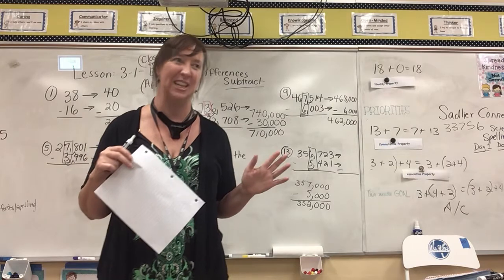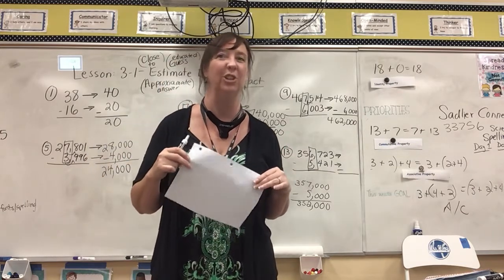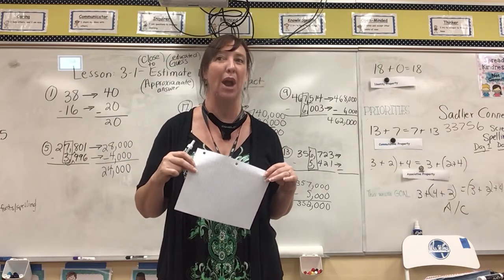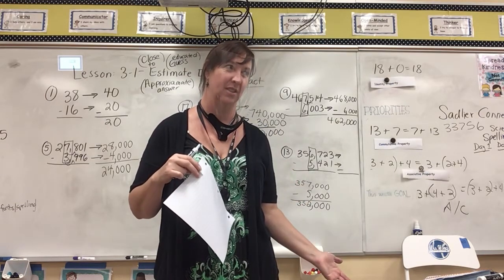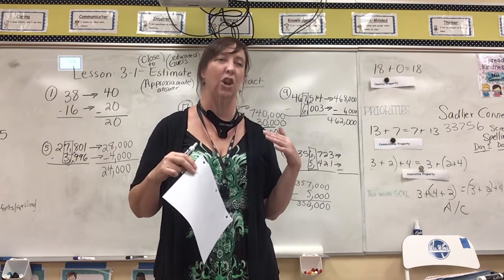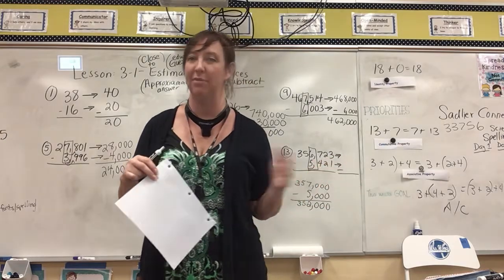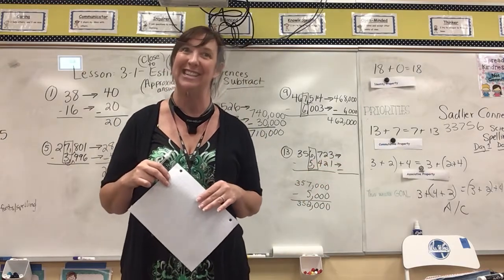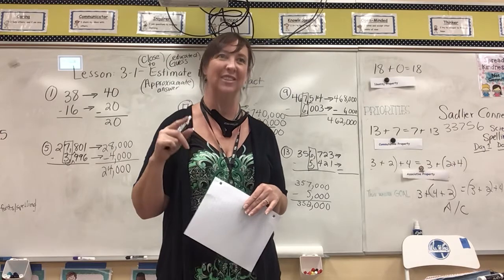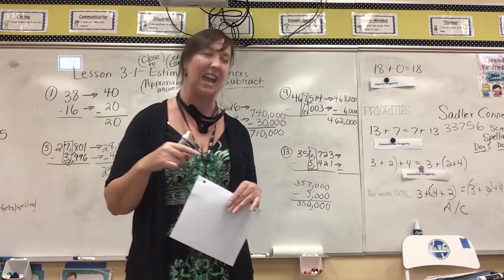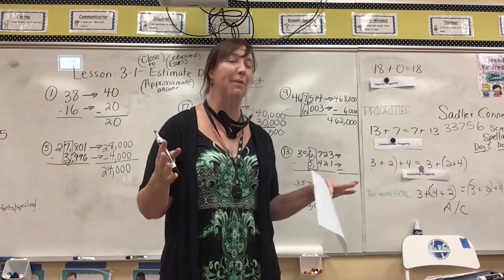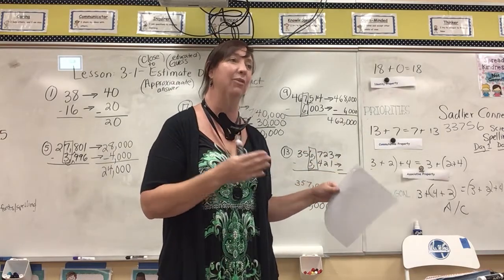So for homework tonight, I want you to only do the even problems on the homework page, which is the back page. The even problems start with 2 and end in 18: 2, 4, 6, 8, 10, 12, 14, 16, and 18. That means you're only doing half of what you would normally do.